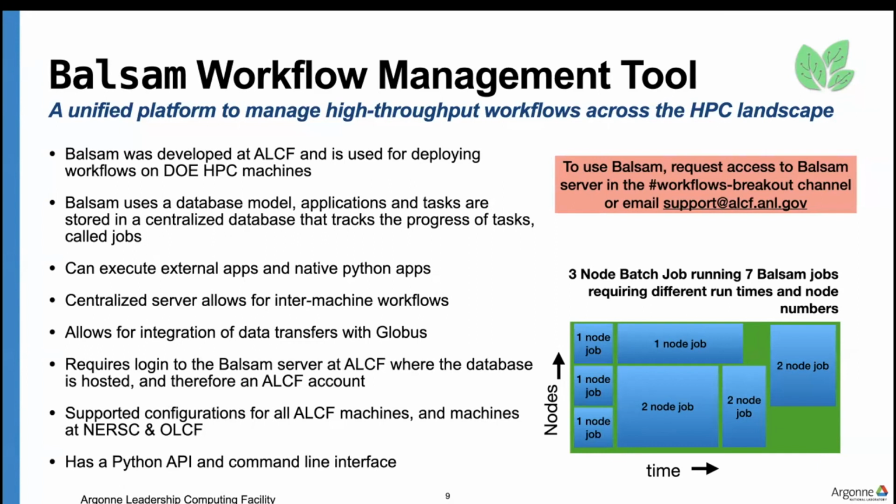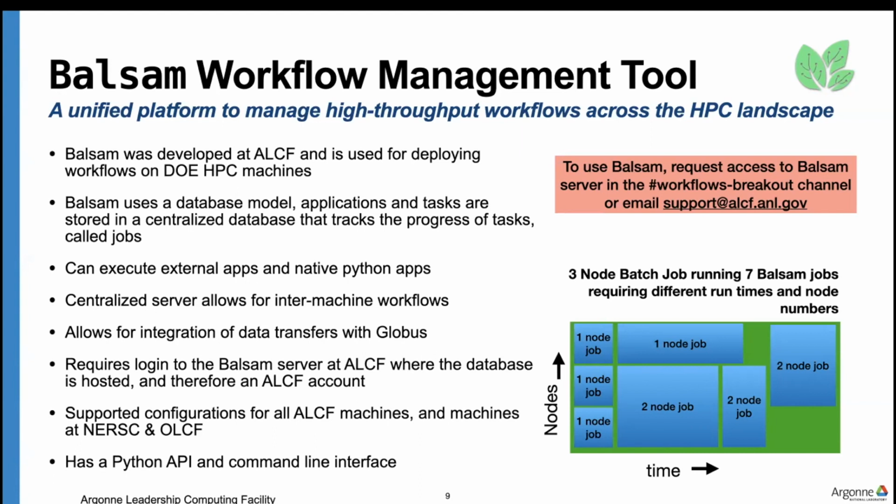So Balsam is different from Parsl in that it uses a database model. So Parsl, when it has a list of tasks and their dependencies and how to run them, that description exists in memory during the runtime of the workflow only. What Balsam does is it saves the description of tasks, which in Balsam parlance, so I'm going to change vocabulary a little bit, Balsam calls tasks jobs, and then the jobs that you run on the scheduler, batch jobs.